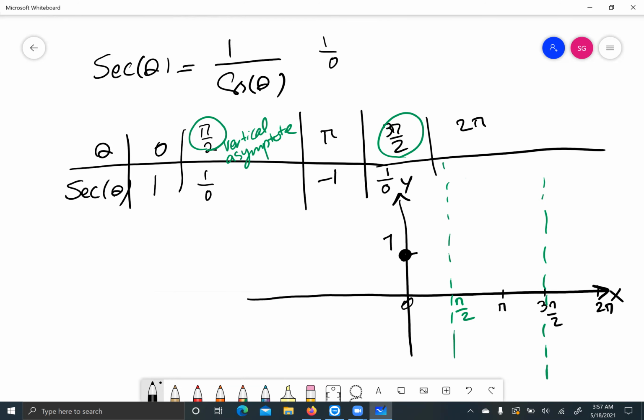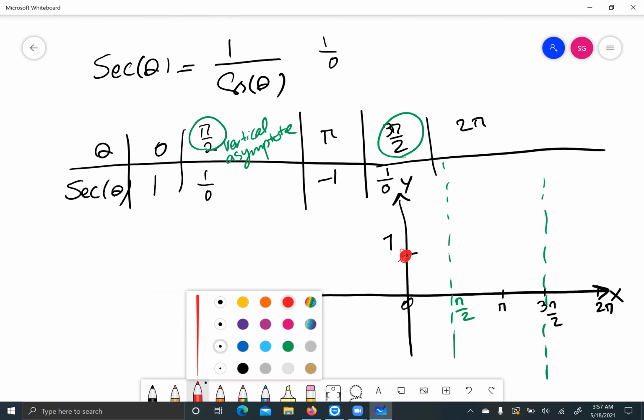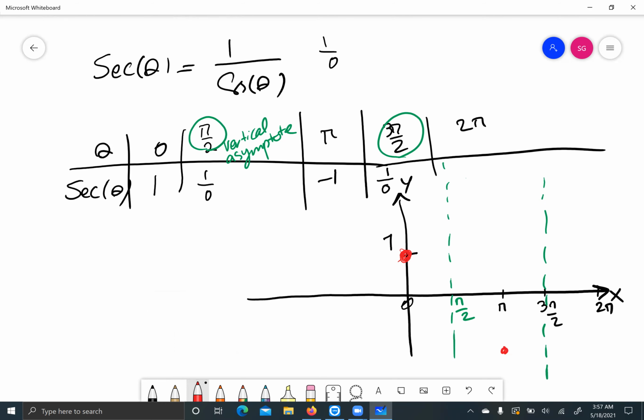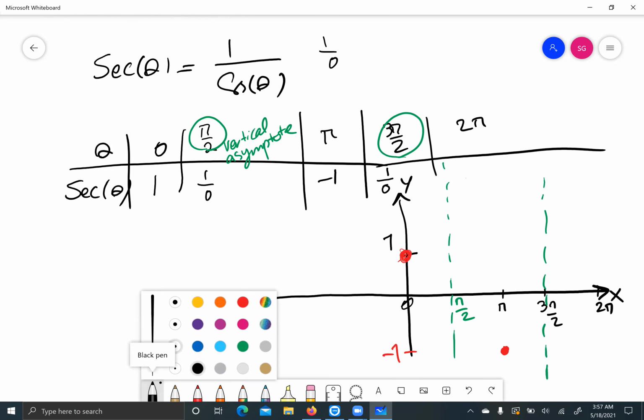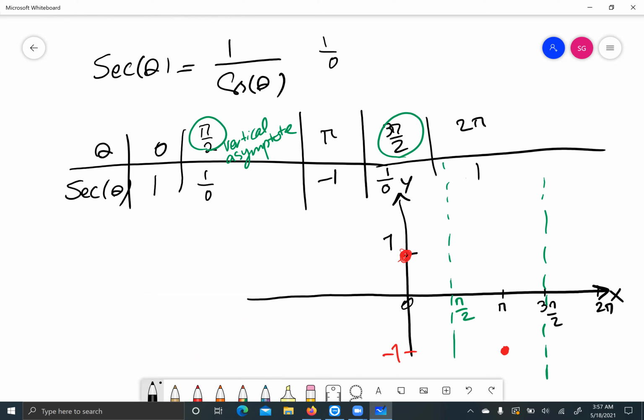So it's right here. At 0 is 1. At pi is -1. This is -1. And at 2 pi it is again 1.